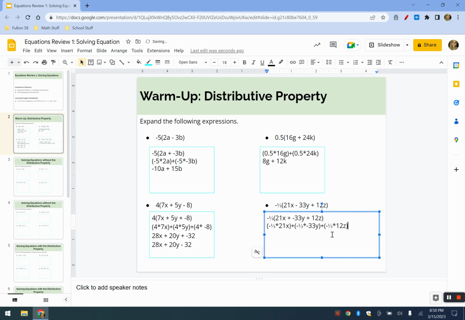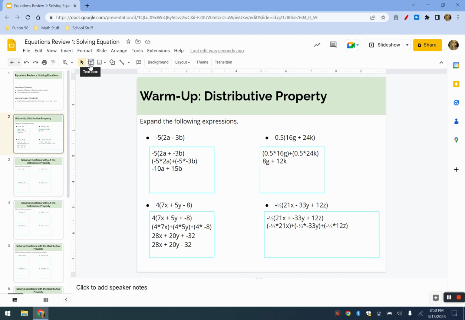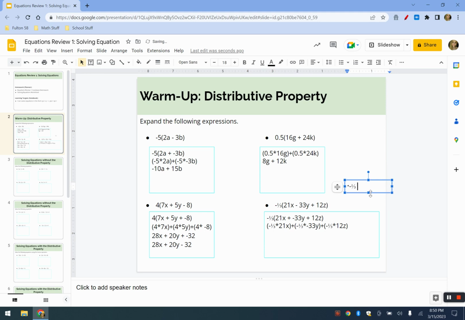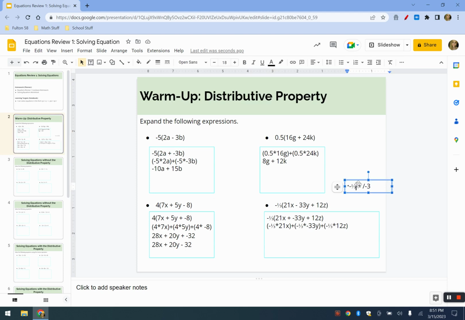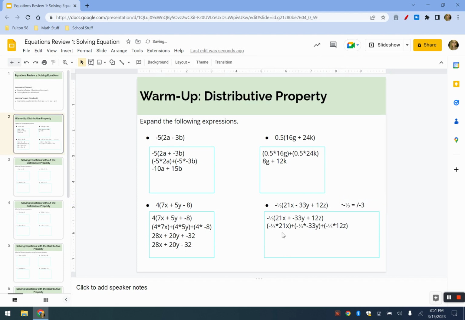When we are multiplying by a third, I'm going to add a little text box over here. Multiplying by negative 1/3 is the same as dividing by negative 3. These are going to be the same. So when I multiply negative 1/3 times 21x, what I'm actually going to do is 21x divided by negative 3.